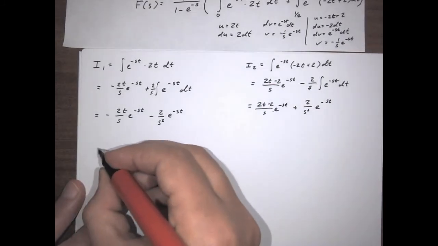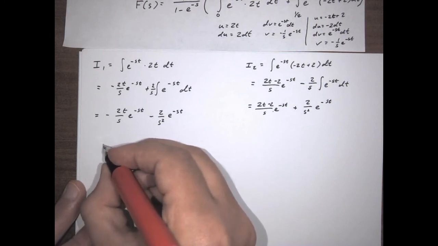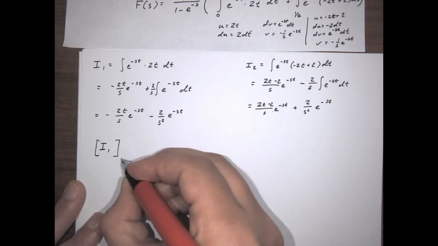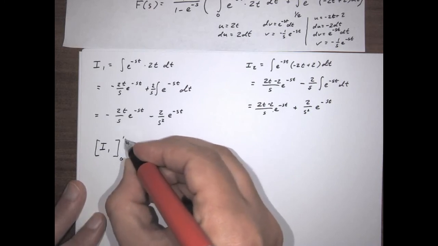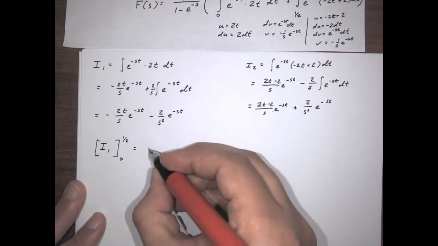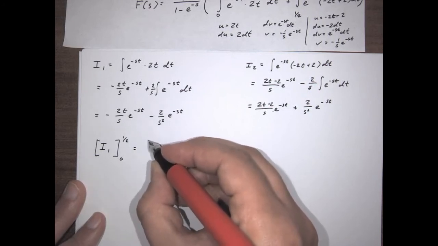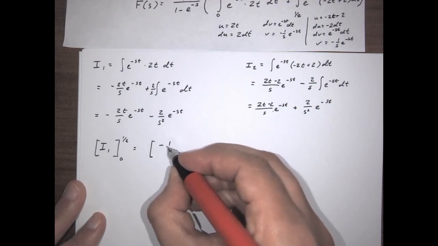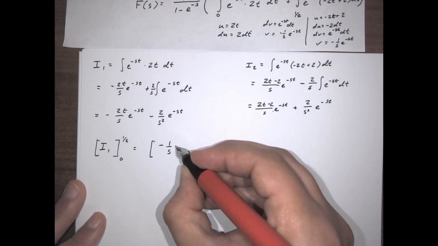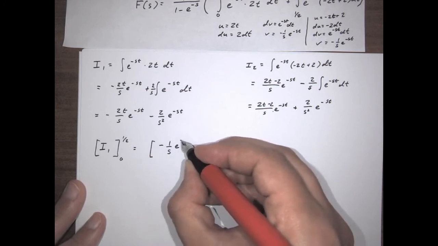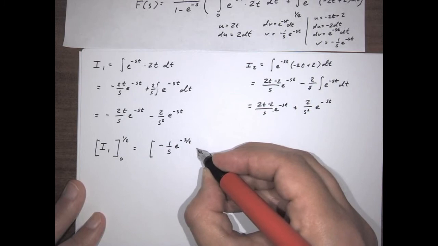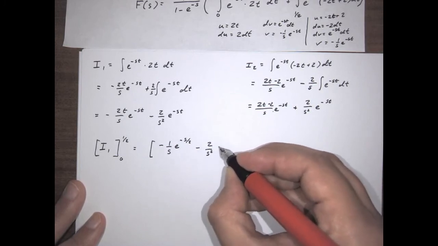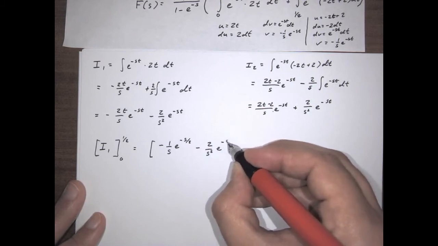Okay, so then that means that I1 from 0 to 1/2 is going to be equal to, well, let's see, I plug in 1/2, and it's going to be negative 1 over s e to the minus s over 2 minus 2 over s squared times e to the minus s over 2.